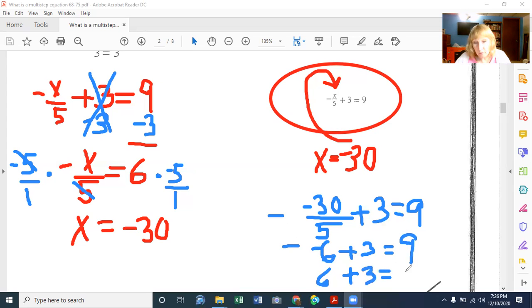So now I have to ask myself, does 6 plus 3 equal 9? Yes, it does. So I have made a true statement. If my statement turns out true, then I know that I have the right answer for my x. So x equals negative 30. So that's your check if you want to try that. If in doubt, always check.